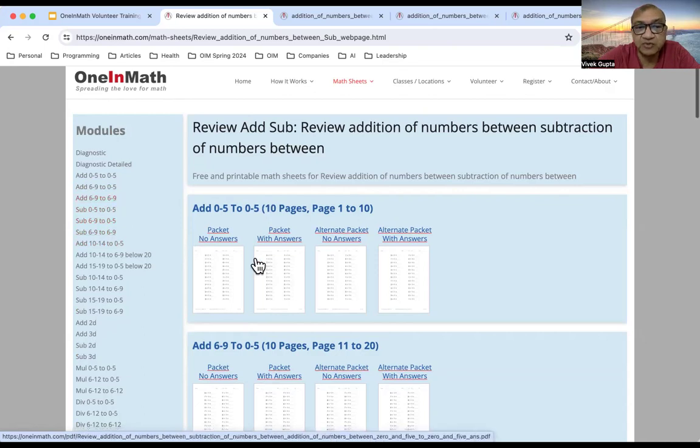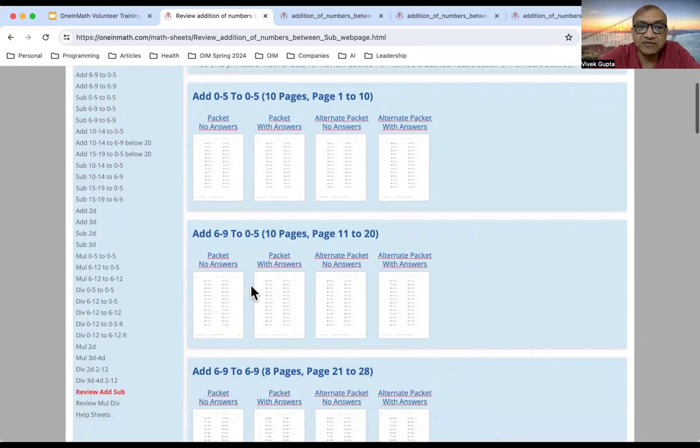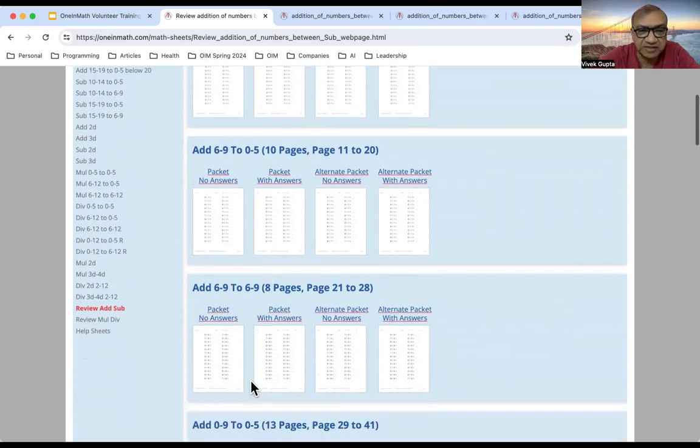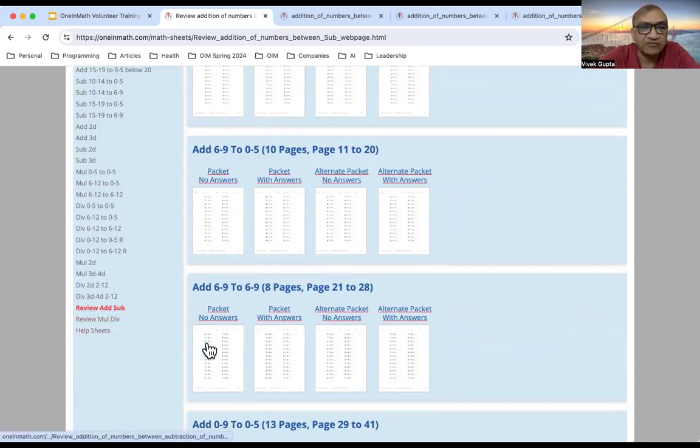So you might decide to give a 6 to 9, 6 to 9 review rather than having them repeat the whole module. It's just a review so that they can get the concept and refresh it. That's the general idea of this review add sub, and the same goes for multiply and division. Okay, that's what these review packets are for.